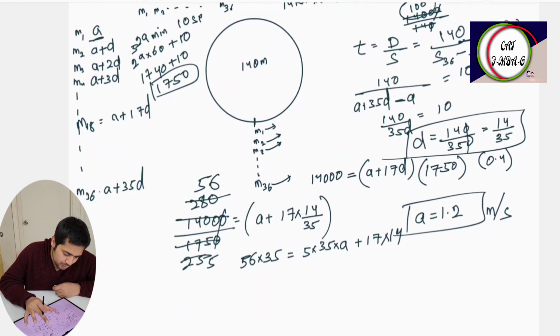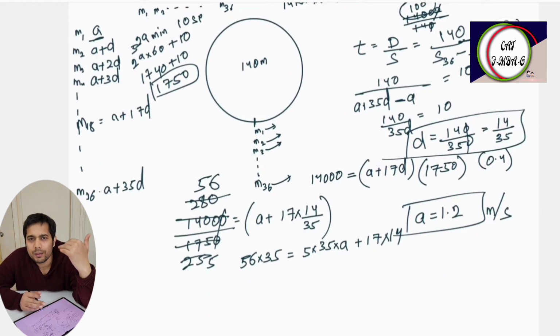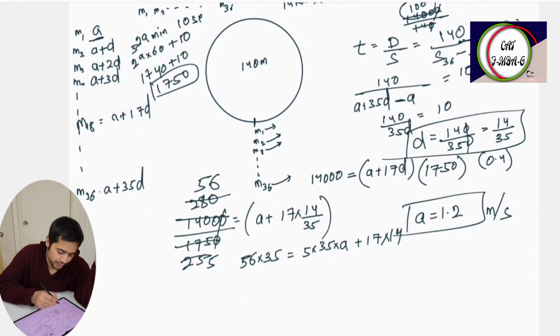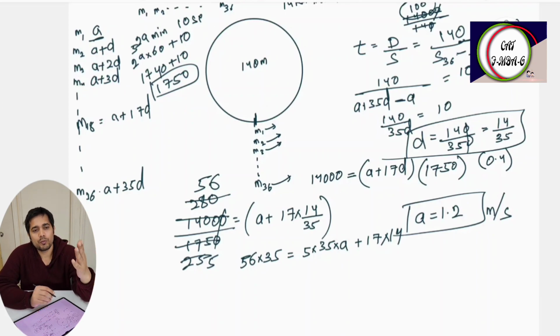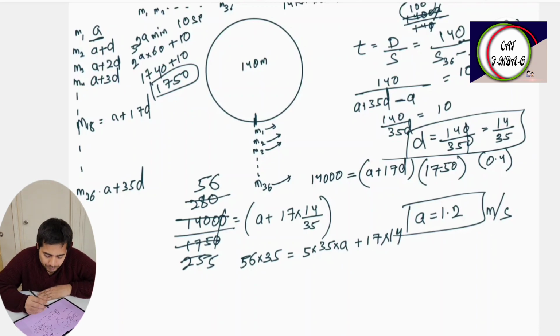Okay. Now, when more than one person is running around a circular track like this, if you want to find out when they meet for the first time at the starting point, then you have to find the time taken by every one of them. I taught you in other videos also: T1, T2, T3, and you have to take the LCM of those times.